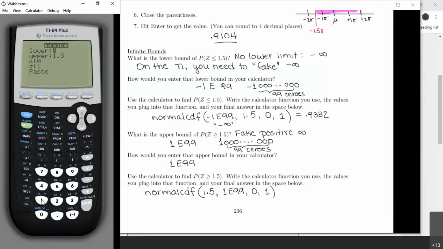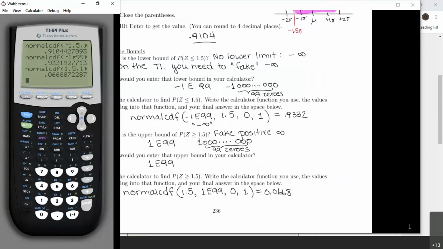My lower bound's 1.5. Again, you've got to be able to handle the inequality symbols, greater than and less than. Upper is 1, second comma to get the E, and then 99. Put it in your window and hit enter, and you should get 0.0668.